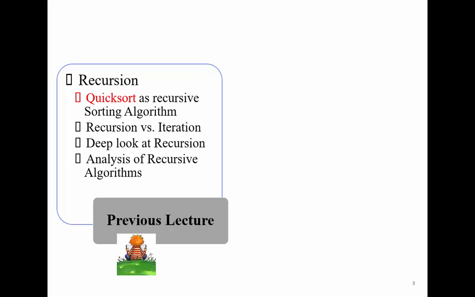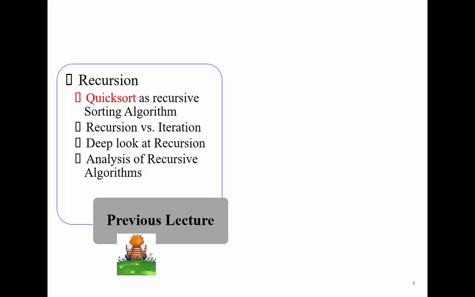Then we discussed the difference between recursion algorithms and iteration algorithms, or you can say a recursive approach to solve the problem and an iterative approach to solve the problem. And we looked at the implementations of Fibonacci numbers.